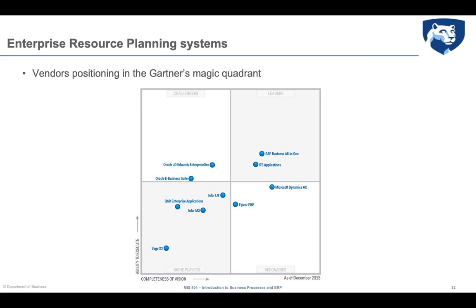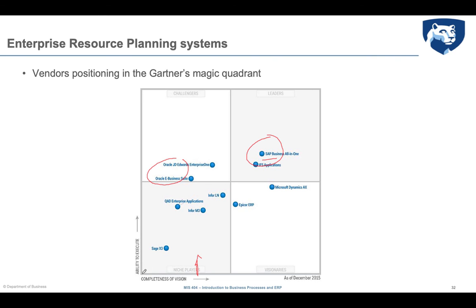If you want to look at the main vendors providing a solution to support execution of the business processes, this is the Gartner quadrant for ERP vendor providers, and you can see that the most important one is SAP, which is the tool that we use in this course. Then you have Oracle, that has a more limited ERP, but is very easy.